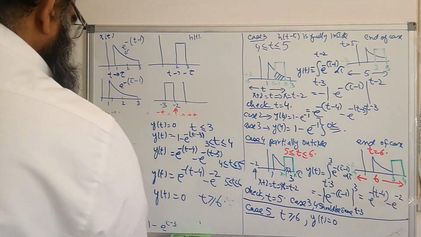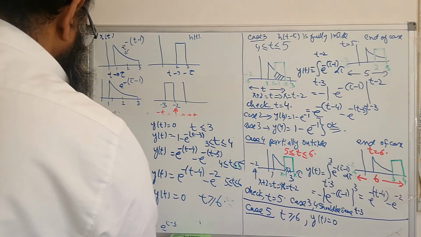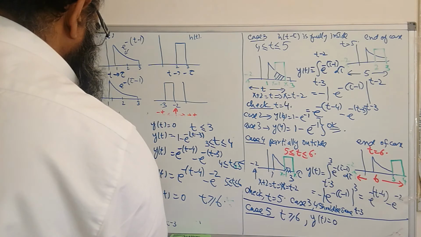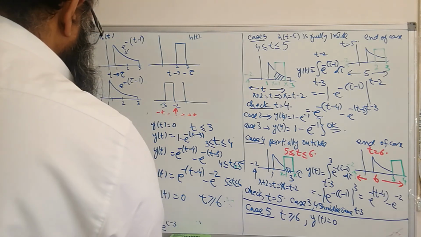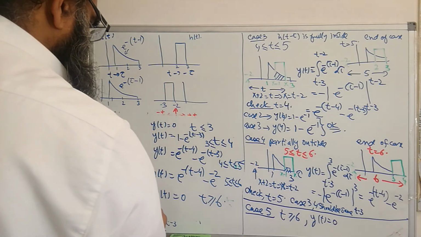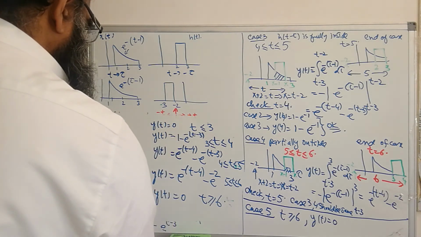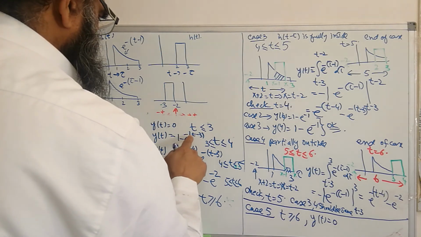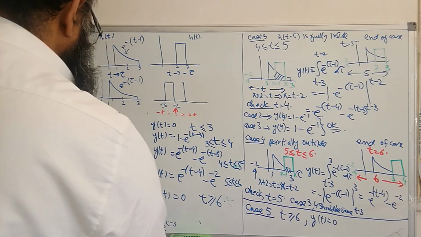And the next step is to draw this function. So I have 3 and then 4 and then 5 and then 6. It will be 0 until 3, and then it increases until 4.